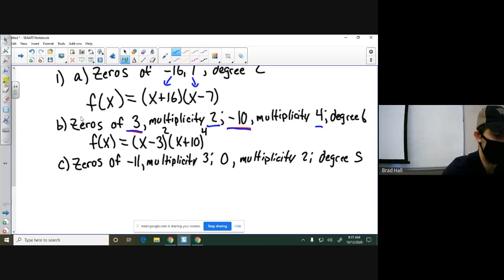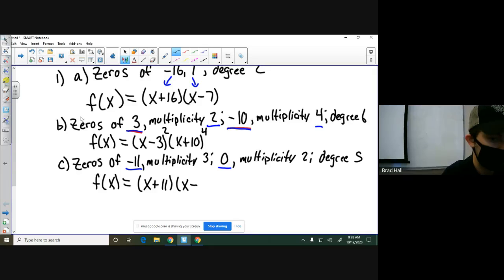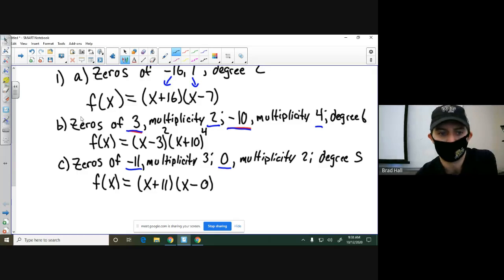So again, I'm going to use the fancy f of x notation to make it a function. So for each 0 that we have, there's only 2 of them, negative 11 and 0, we're going to have a corresponding factor. And notice for the 0 one, because some people get tripped up on what 0 being a 0 represents, I'm just going to put x minus 0.